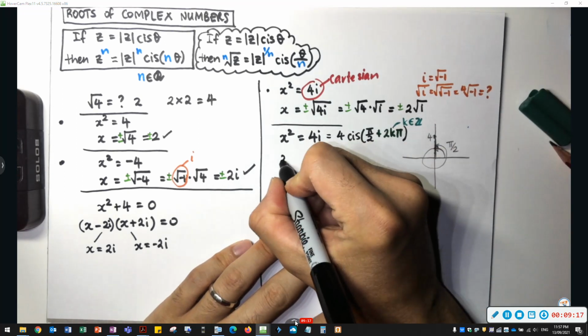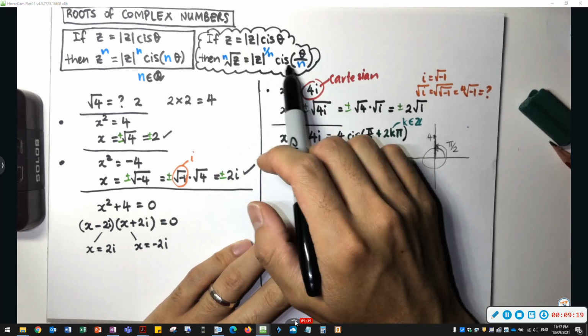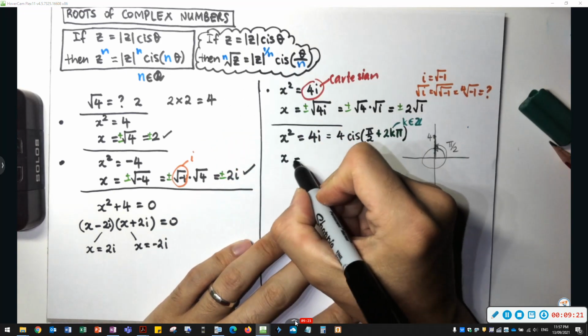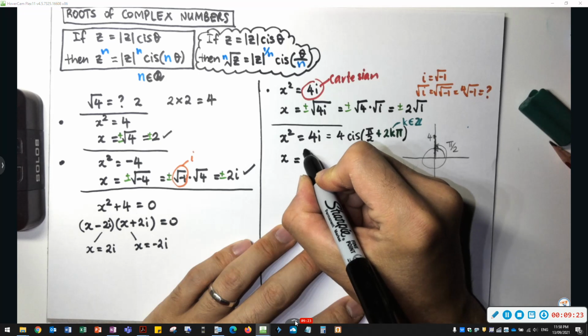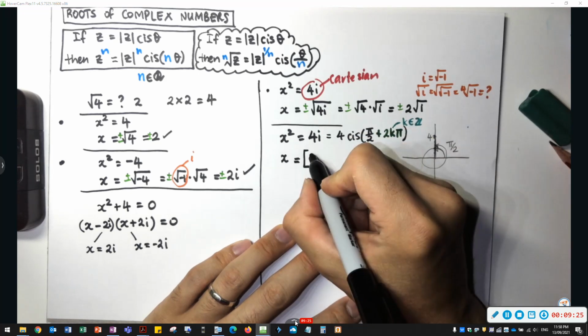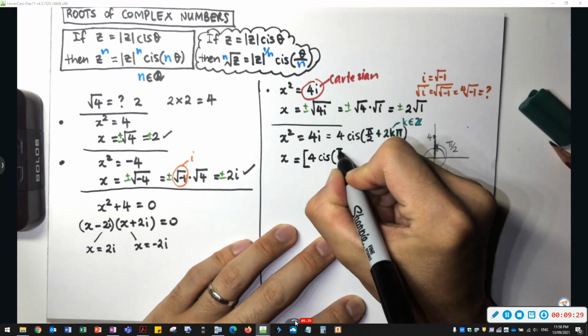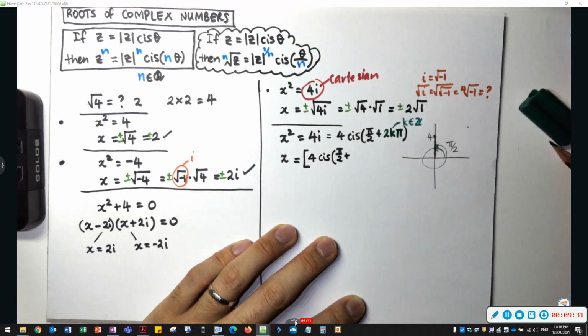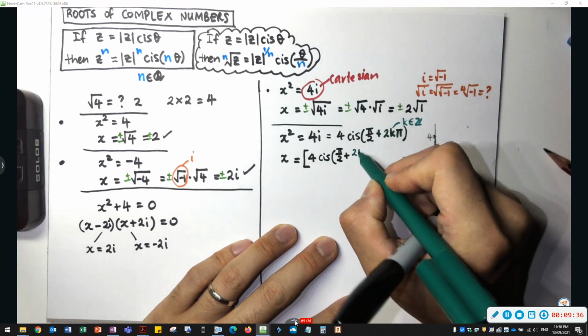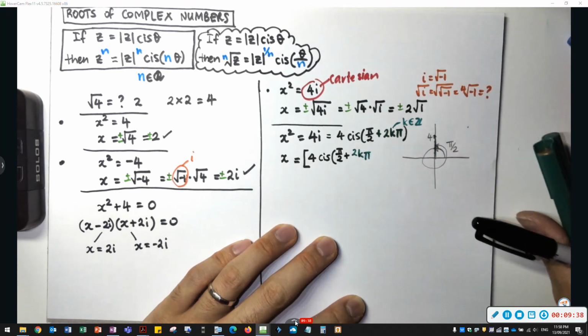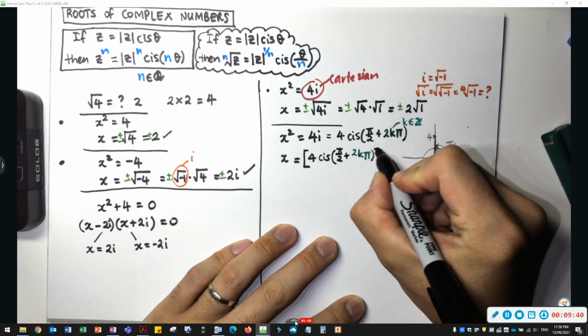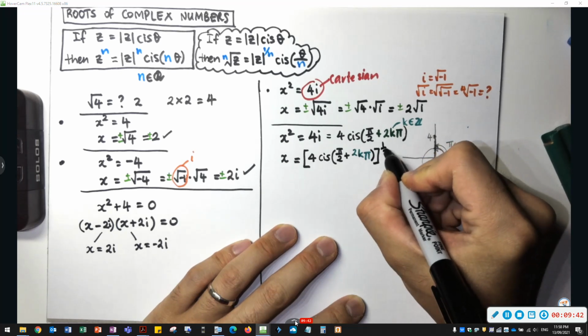So to work out x, now I'm going to use de Moivre's theorem. I'm going to take the square root of this whole expression. So I'm going to take the 4 cis pi on 2 plus 2k pi. Okay, raise that to the half.